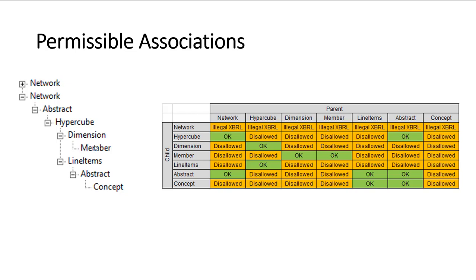These are the member arrangement patterns. You only have one set of line items per hypercube, so you cannot add another one of these. You can have abstract concepts as part of line items, and you can have concepts as part of line items. And these concepts right here are the concept arrangement patterns, which you'll see if you watch this video. And these are the member arrangement patterns.